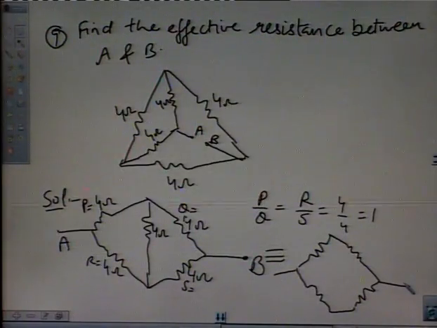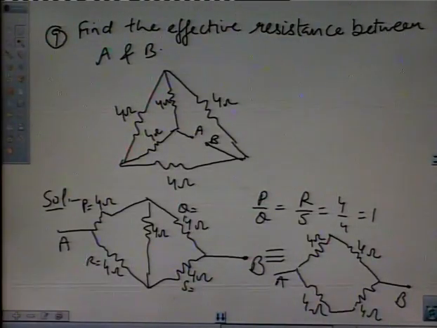We have eliminated the resistance 4 ohm which is in the center. So this is the simplified circuit.